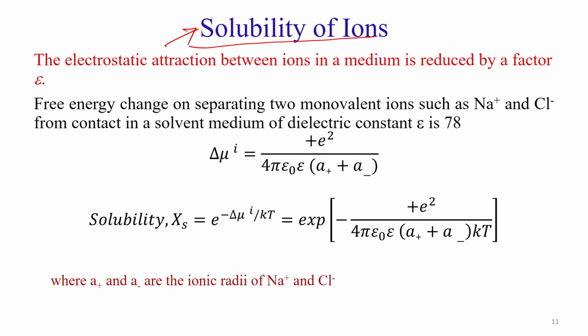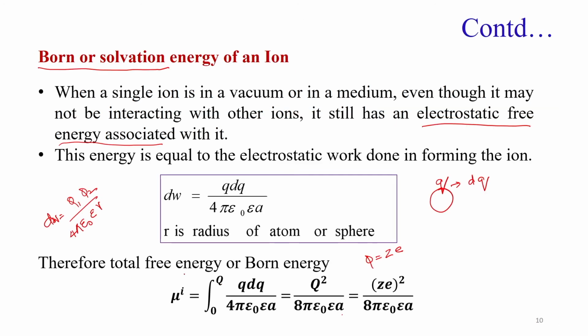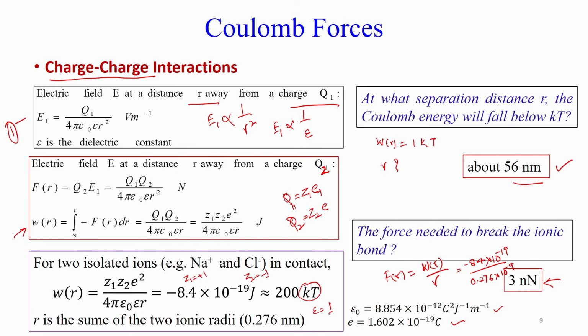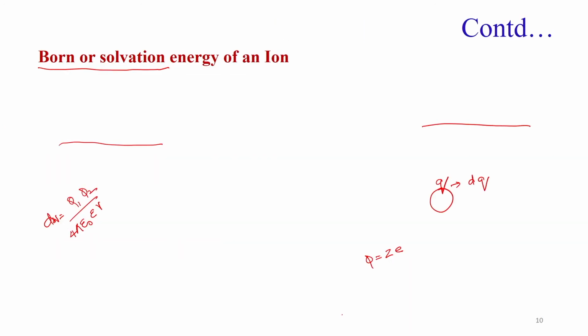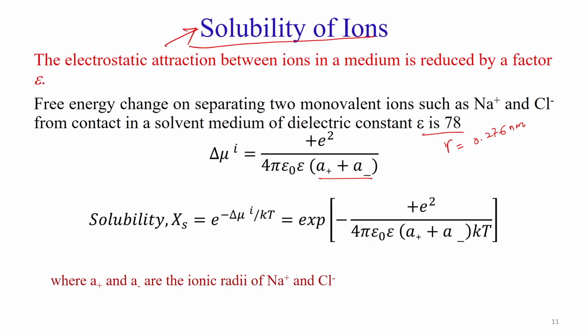Here again we are going to take the same example of NaCl. For NaCl, if you remember, the interatomic distance was 0.276 nanometer. So, the total free energy or Born energy is Z1 Z2 e square upon 4 pi epsilon naught epsilon into r. Now, here we are considering a medium whose dielectric constant is 78, which means it is water.